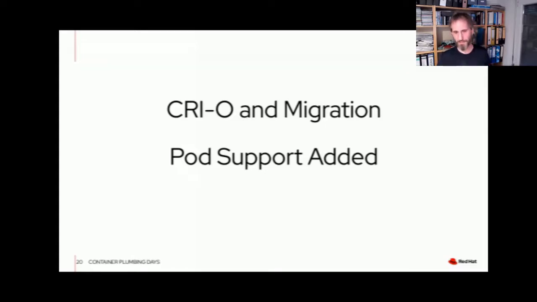I'm just creating a new pause container, so this is not checkpointed in restore. And then I'm restoring the other containers into the namespaces of the pause container. So this works a bit differently. The pause container is handled differently than all the other containers in Podman and CRI-O.